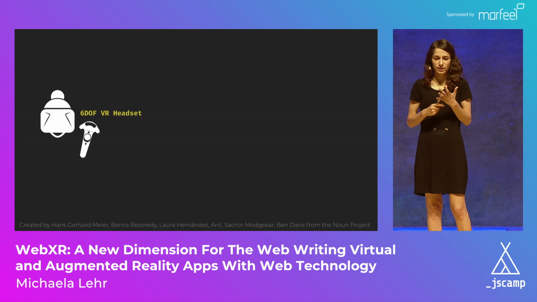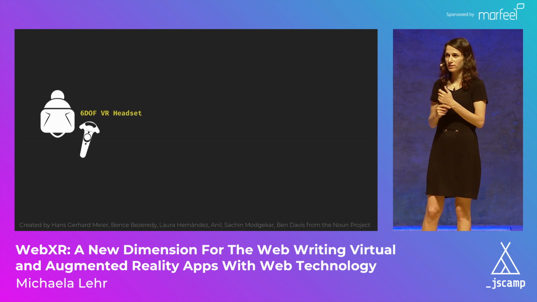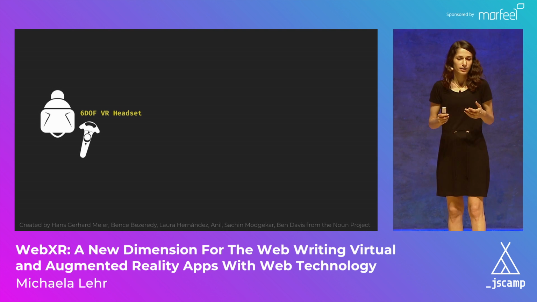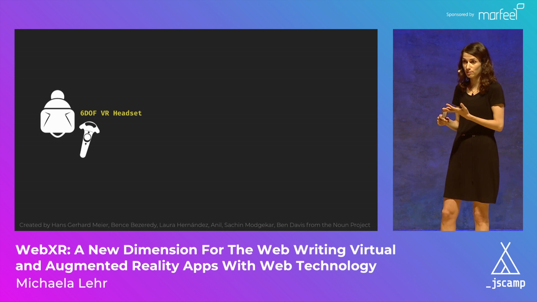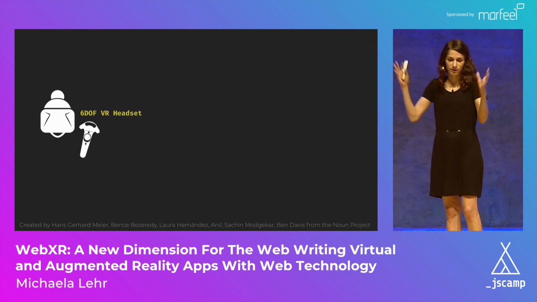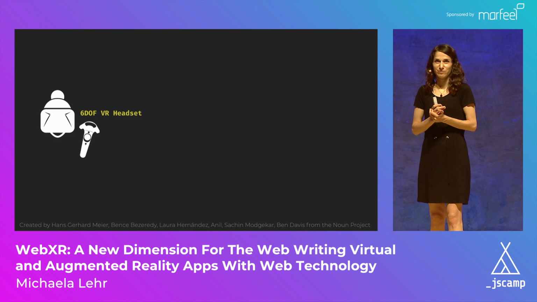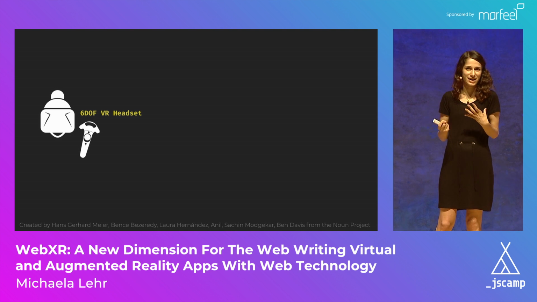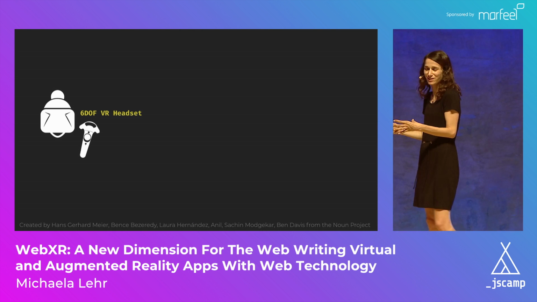OK, let's shortly talk about one of the most obvious problems of VR on the web, or I guess the web in general, which is the variety of devices, screen sizes, browsers, operating systems, input methods, and so on. Your users won't have the optimal VR hardware, especially when browsing the web.